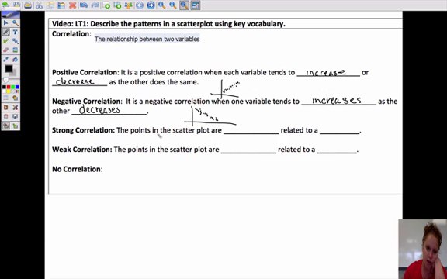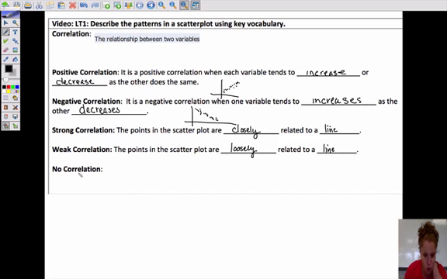A strong correlation is when the scatter plot is closely related to a line. So it looks like there could be a line in the dots. A weak correlation is when the points on a scatter plot are loosely related to a line.